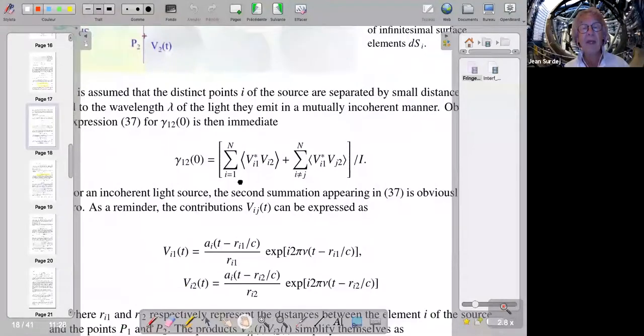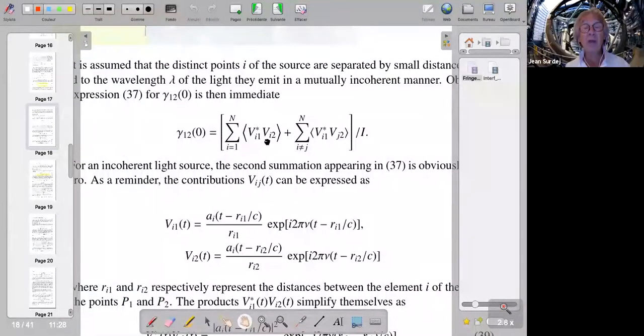Now, V1I, and it's the same for V2I, can be represented as follows. This is a real amplitude of the electric field, but not evaluated at time t, but at a time t minus the distance between the first aperture and the surface element I, divided by c, because this is the time it will take for the light to come from surface element I to aperture 1.